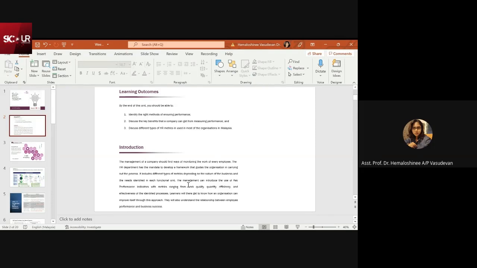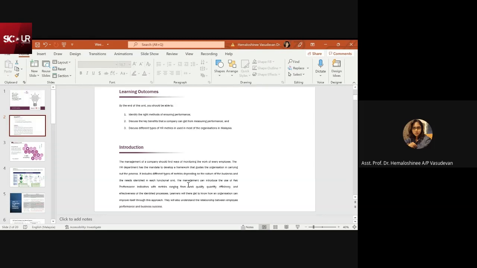Not all companies have the same thing. So today we are going to learn to identify the right methods of measuring performance. Second, we need to discuss the benefits that a company can get from measuring performance, and the different types of HR metrics in use in most organizations in Malaysia.